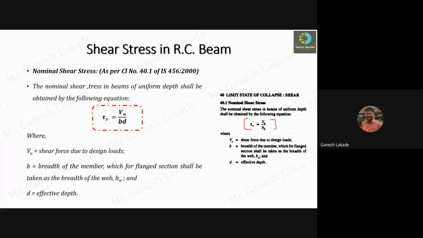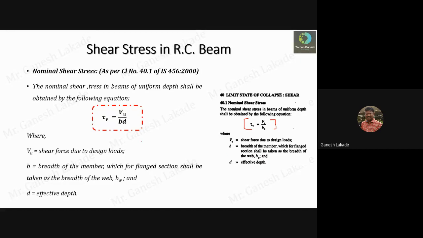Vu is the design shear force or the shear force due to the design load. b is the width of the member, which for flanged sections shall be taken as the breadth of the web, bw.